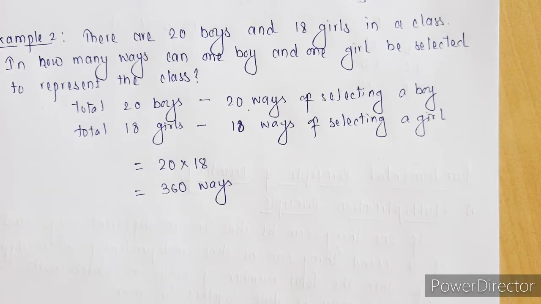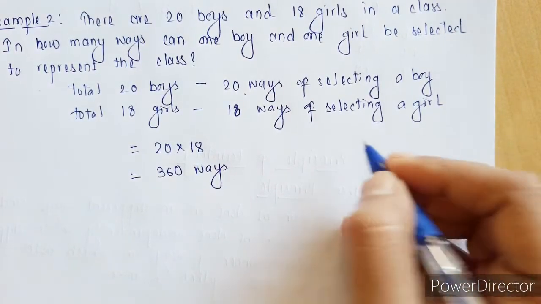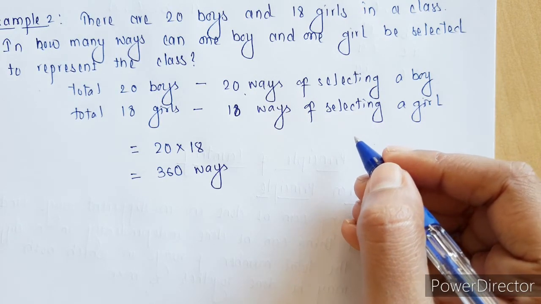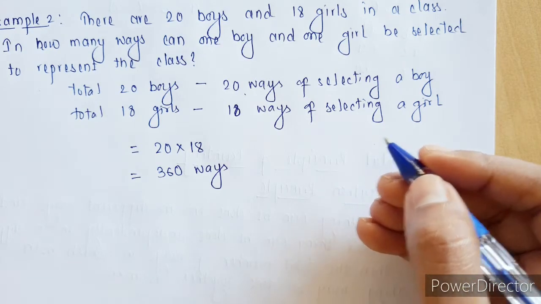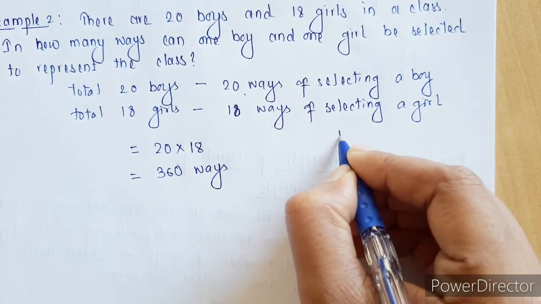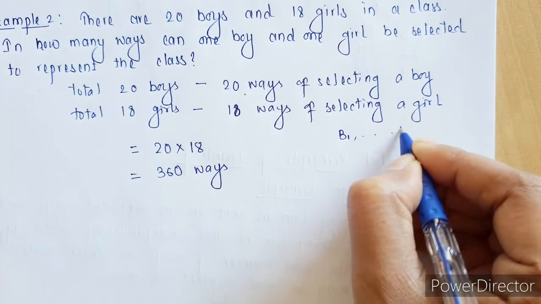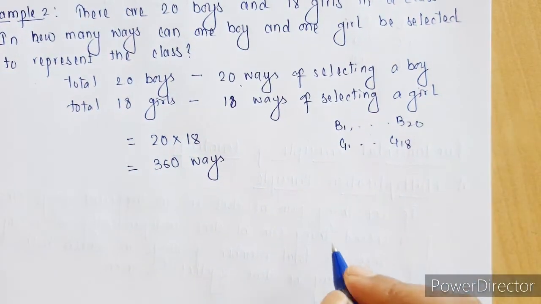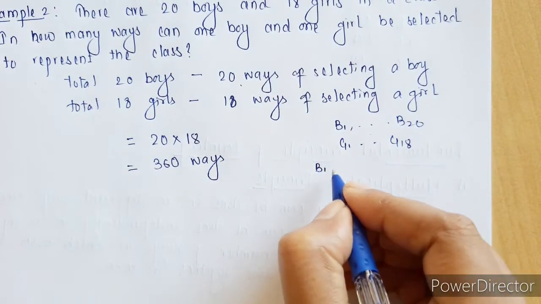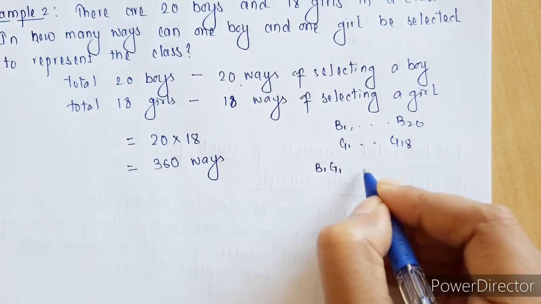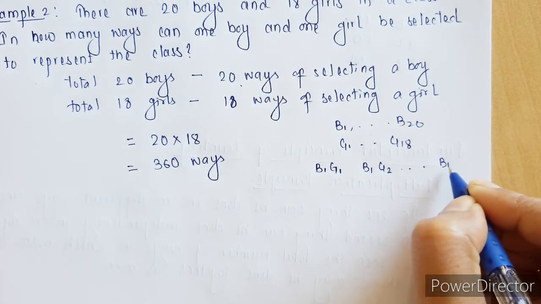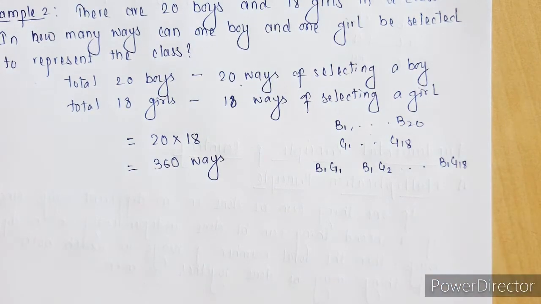Suppose you are going to list out, let's just list out some possibilities here. Suppose we have, I'm taking boys as B1 till B20 and girls as G1 till G18, right? So I can select first boy, first girl, or first boy, second girl. So this way I can go till 18th girl. So there are total 18 ways here.